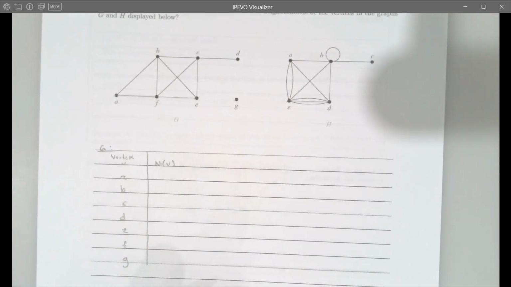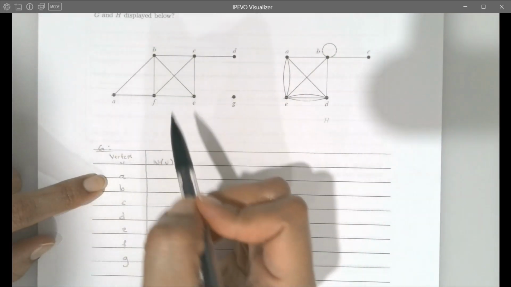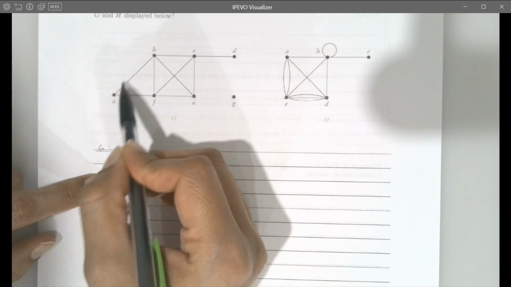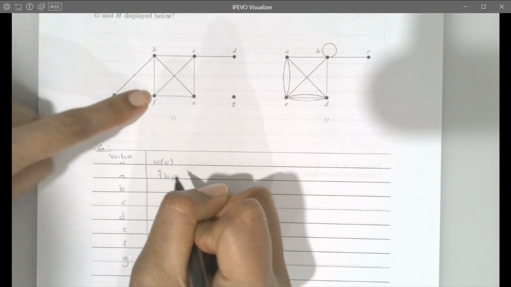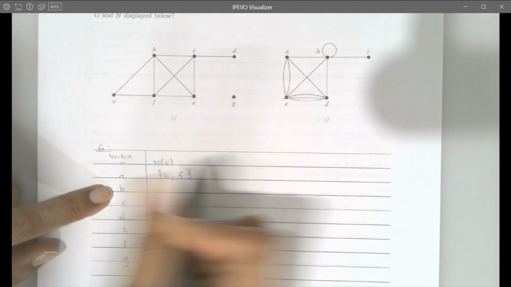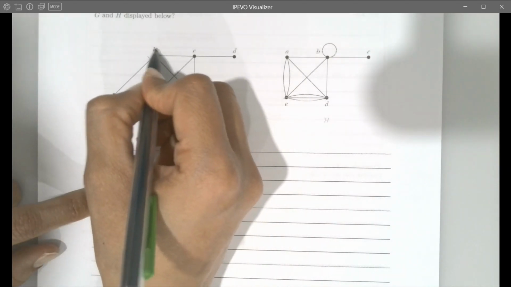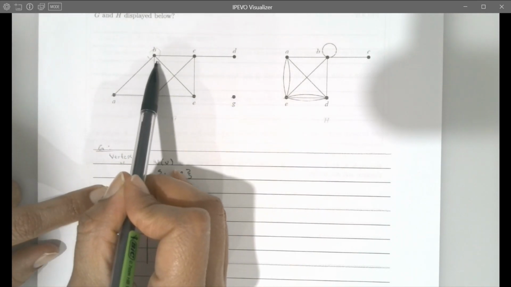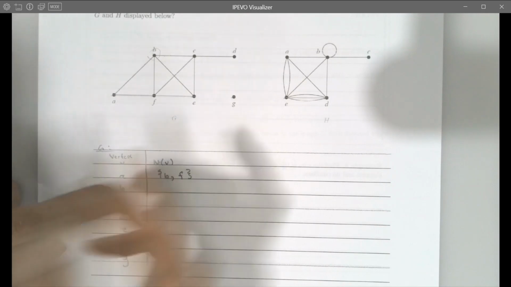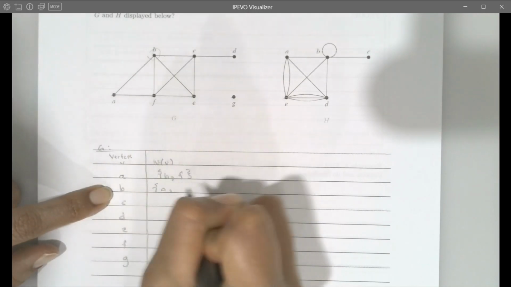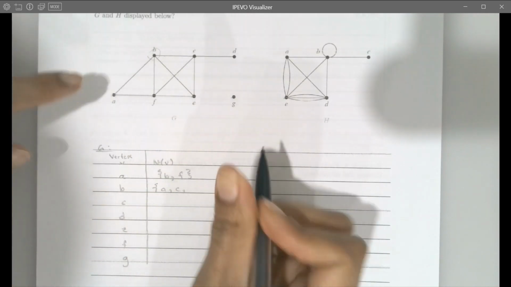And if we look at the neighbors of A, that would mean all of the nodes that have an edge with A. So that would be B and F. If we take a look at B now, B actually has 4 neighbors because there are 4 edges that connect to B. That would be A, C, I'll write these in alphabetical order.